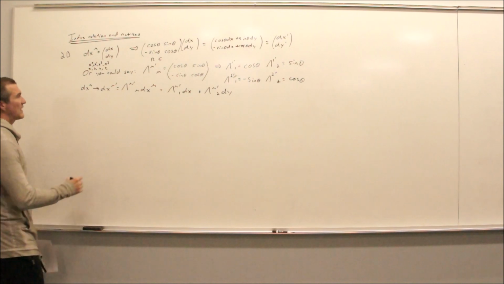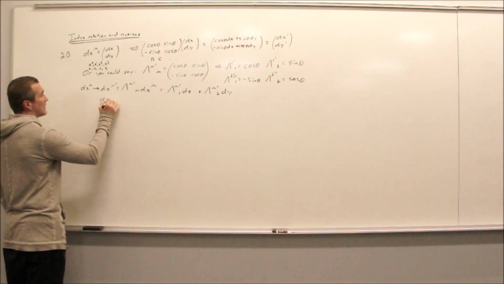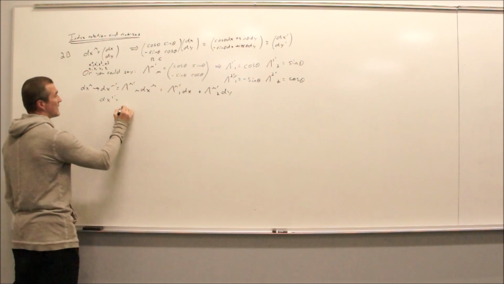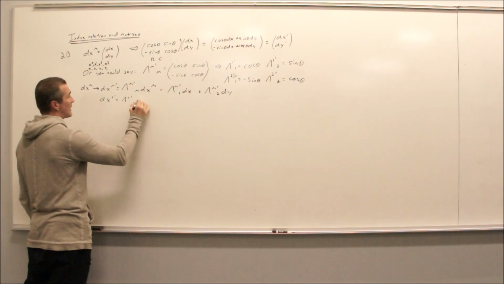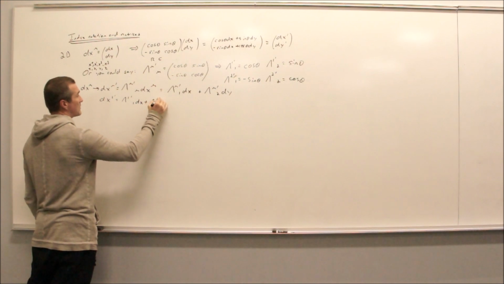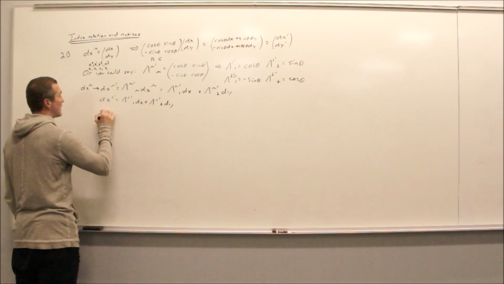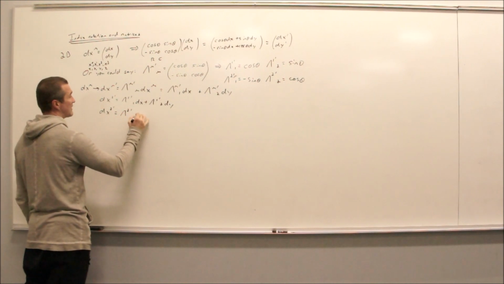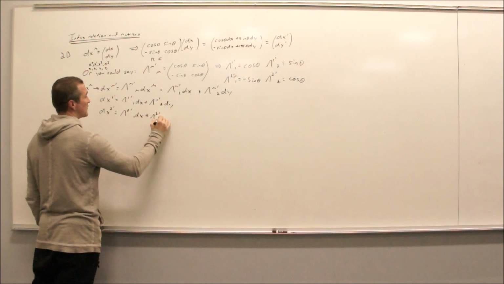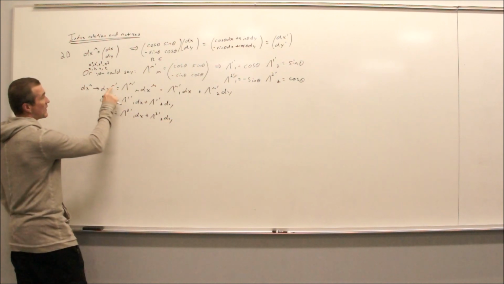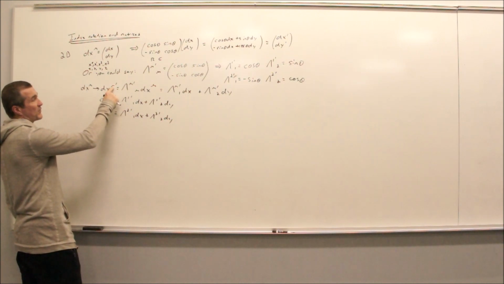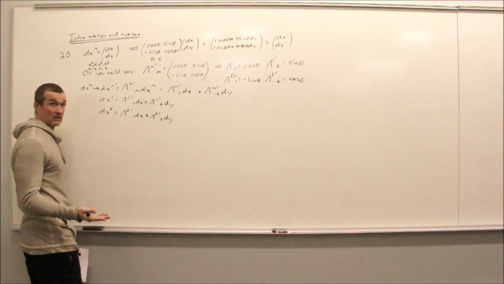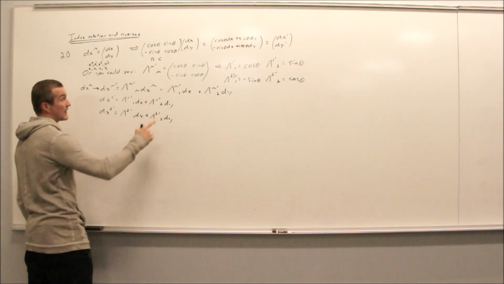Now, dx1 prime is lambda 1 prime 1 dx plus lambda 1 prime 2 dy, and dx2 prime is lambda 2 prime 1 dx plus lambda 2 prime 2 dy. I'm just going along, and everywhere I put whatever number, I'm putting it in there and there. Everybody see it? Well, now you plug those in.